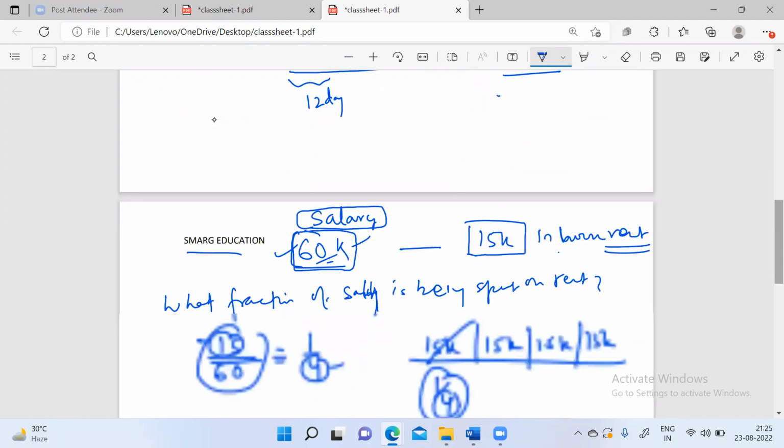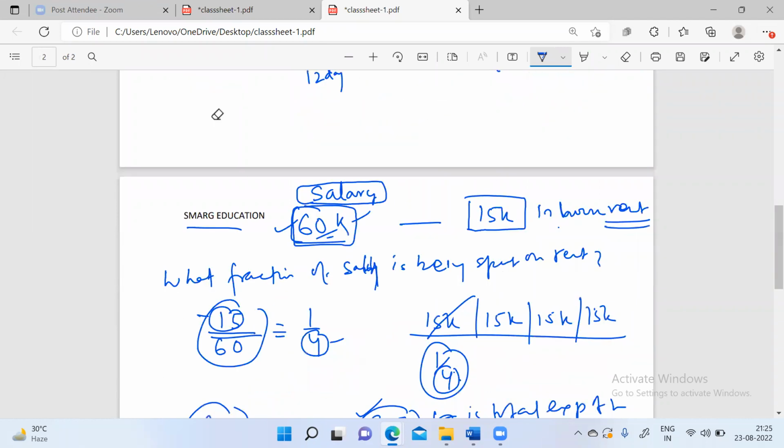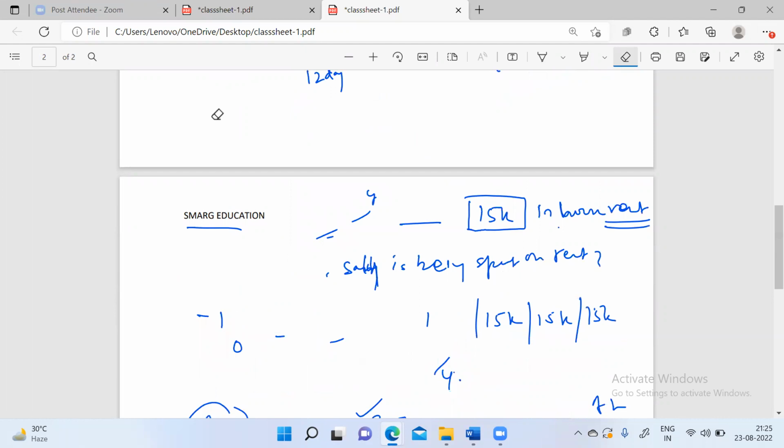ठीक है? Yes, sir. चलो, so now one more example. You might get confused with this example, but it's important.